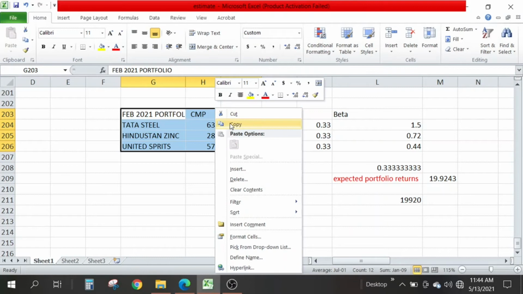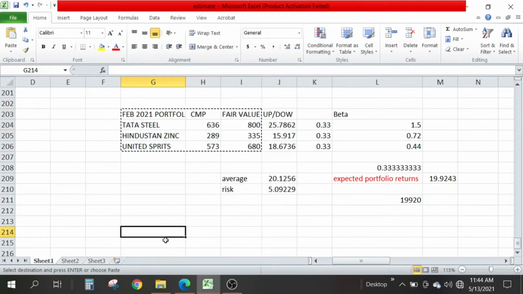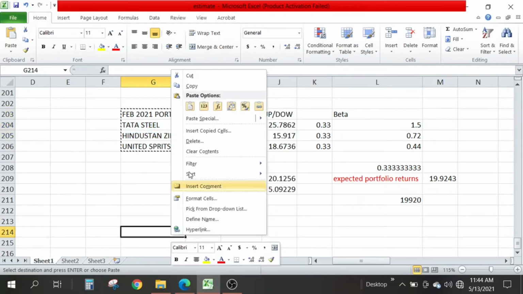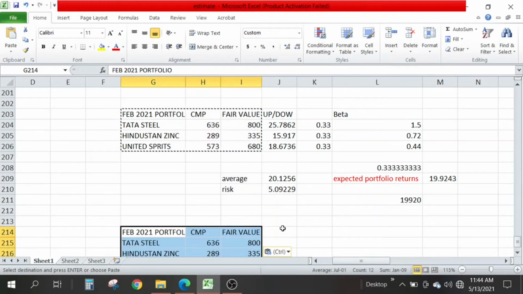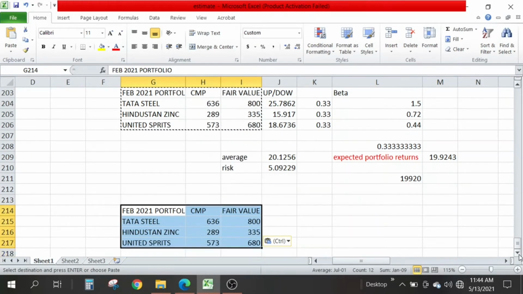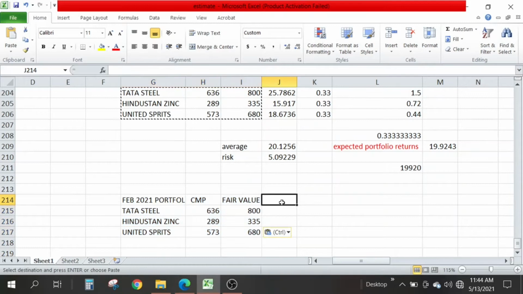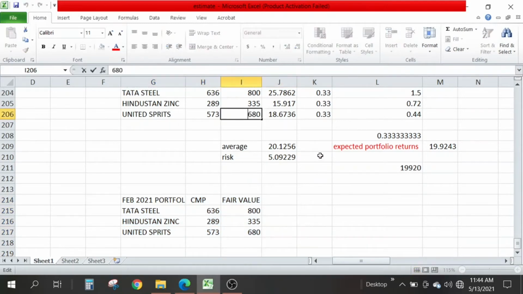We will take the fair value. Okay, copy, right click, paste, scroll down. Okay. Then I will take RCP here, recommended price.